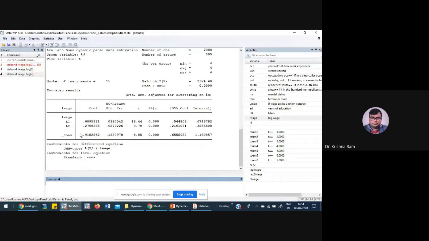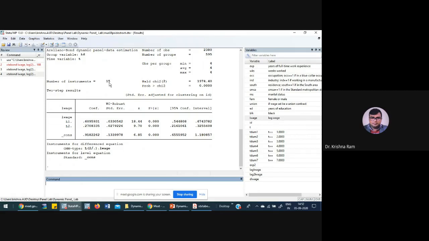So that's the case. Now let's move on to the next step. Since we are using 15 instruments here, because we are dealing with only 7 periods of data and using two lagged values of the dependent variable, the number of instruments without any restriction is 15.